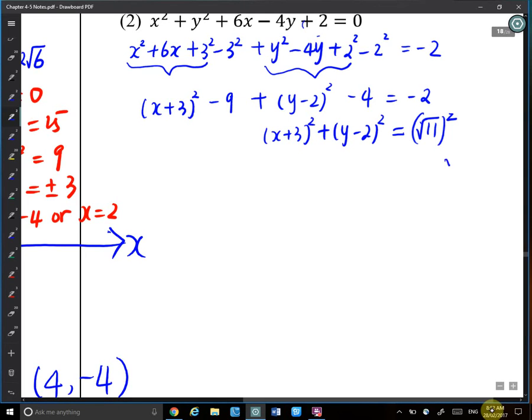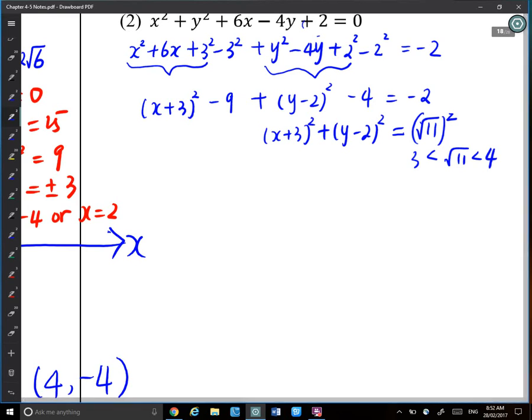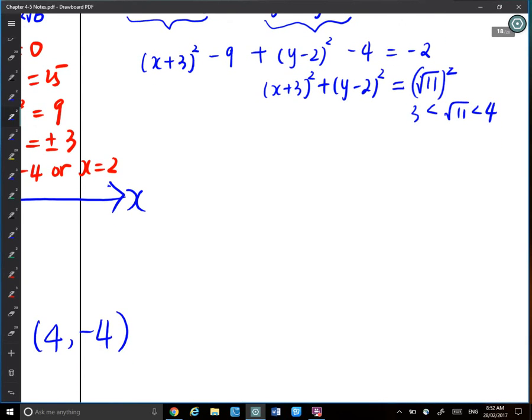And you need to know square root 11 is a number in between 3 and 4. You just approximately know how large that is. Okay, now let's sketch this graph.